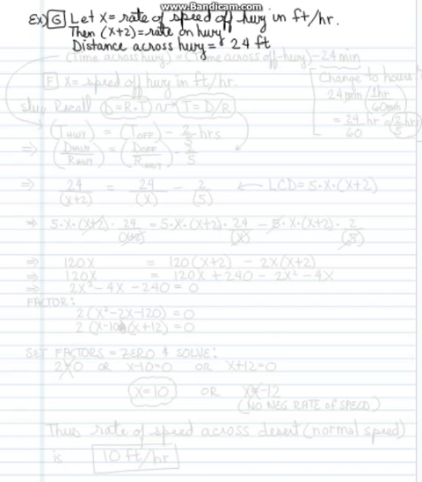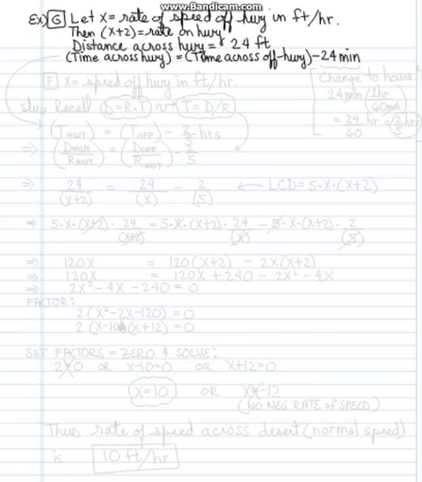And we're told that the time across highway equals time across off highway minus 24 minutes. So he can travel across the highway at the time that he would travel off the highway minus 24 minutes.